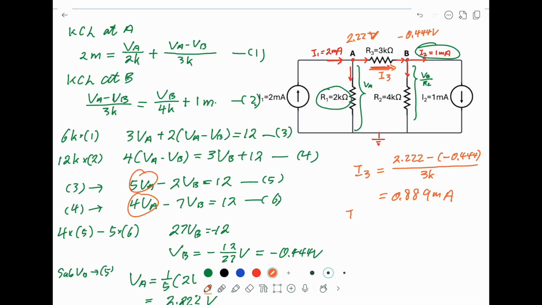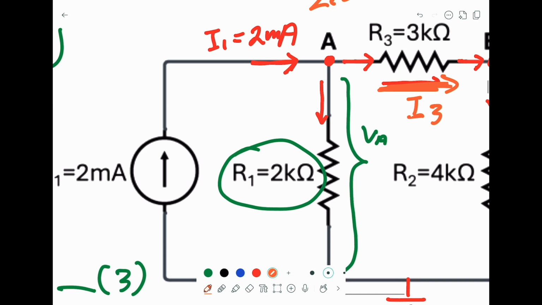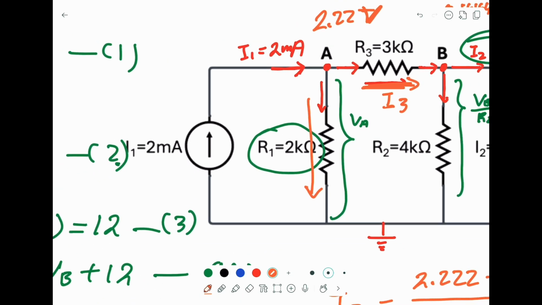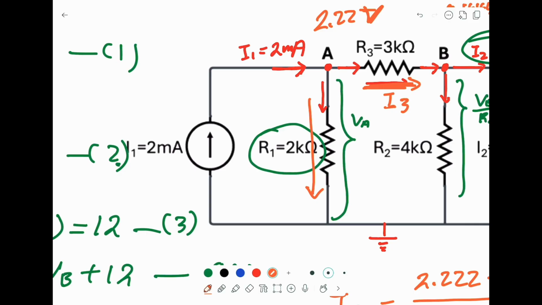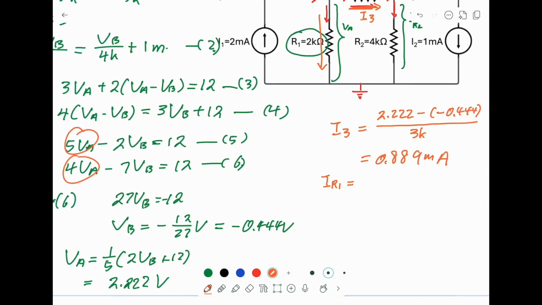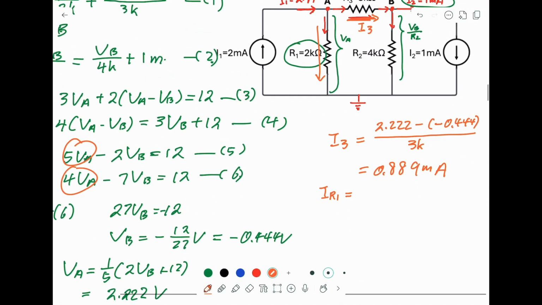You can also check the current passing through R1. This is the current passing through R1, and of course it's VA divided by R1. So this is 2.222 divided by 2K, which is 1.111 milliamp.